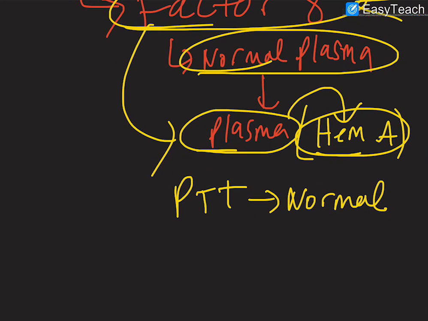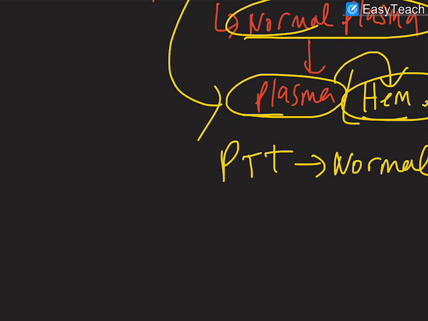But what if you had a factor inhibitor, right? We'll actually discuss this in a separate video, but if you had a factor inhibitor, and that was causing low factor VIII levels. So if you had, for example, a factor inhibitor against factor VIII, right?